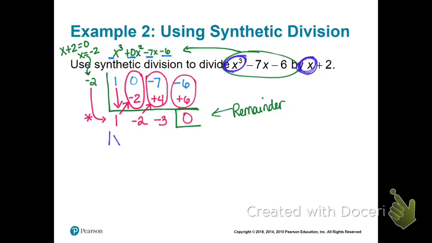So I've got 1x squared. And again, my x's are going to go in descending order of the exponents, and these numbers on the bottom are my coefficients. So I have minus 2x to the first, minus 3 that's not going to have an x, plus my remainder over what were we actually dividing by? Yeah, the x plus 2, okay?